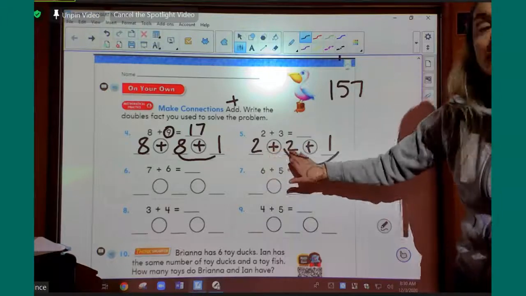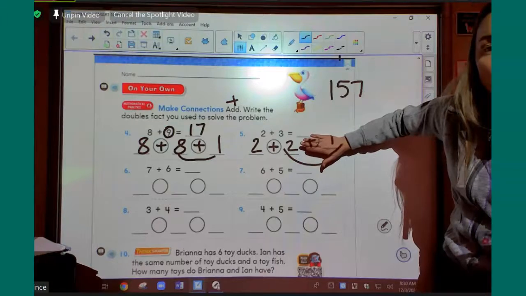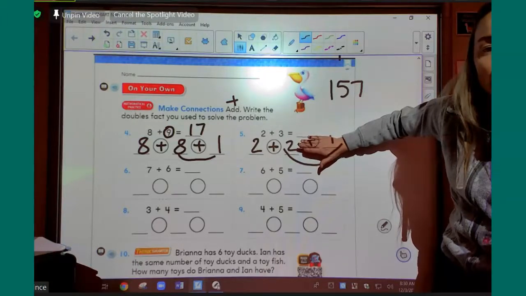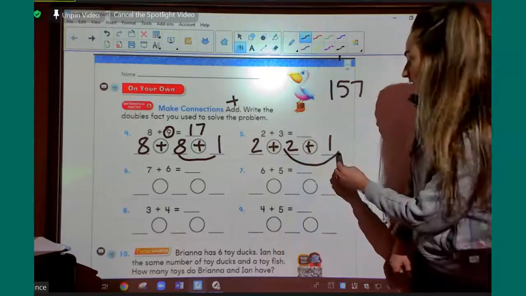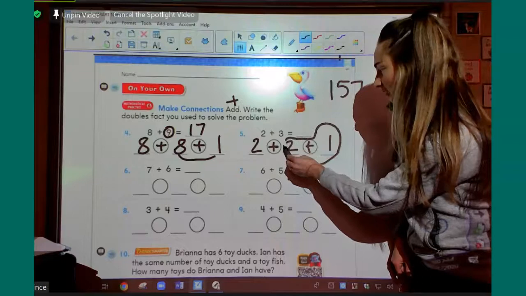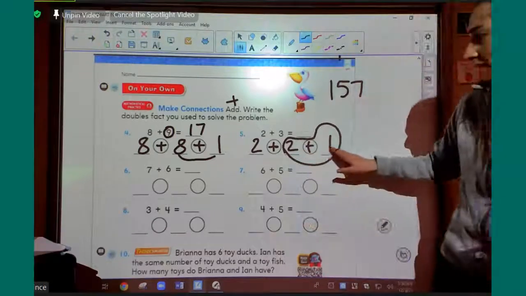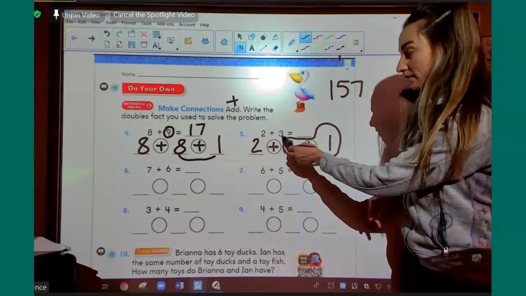So what's 2 plus 2? We'll just cover this part for now. Why does it say 3 right there? Because this part right here, let me see if I can circle it without getting it. There we go. This part right here needs to equal 3.